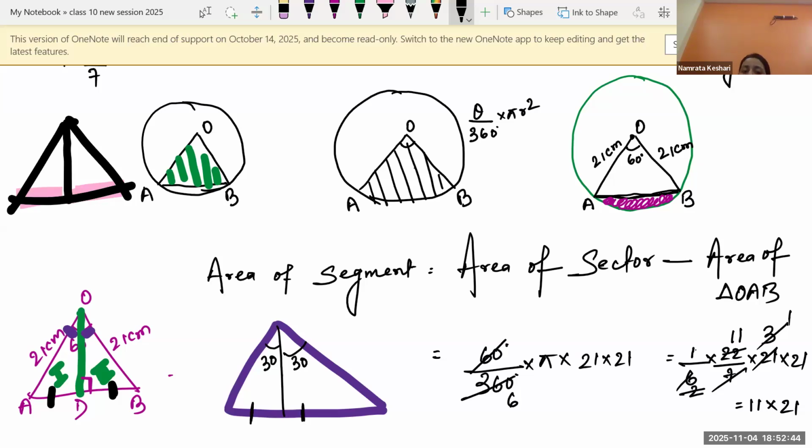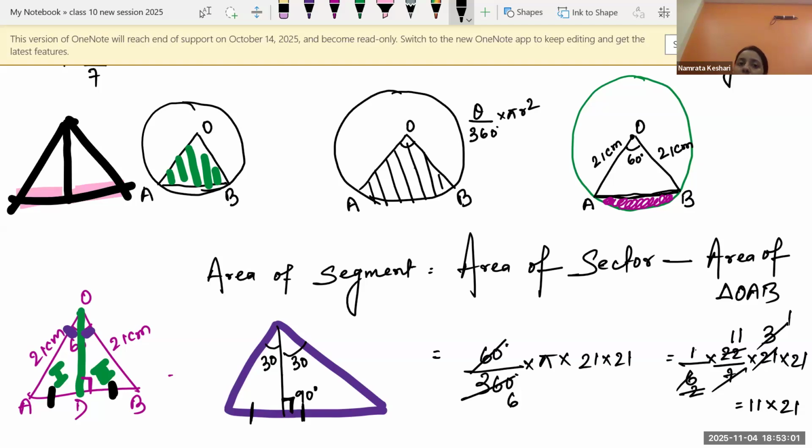You have dropped a perpendicular. You have dropped a 90 degree by yourself. Drawing 90 degree is completely okay, because we were trying to find the area of the triangle. One by 2 into base into height, so of course we need to draw the altitude.